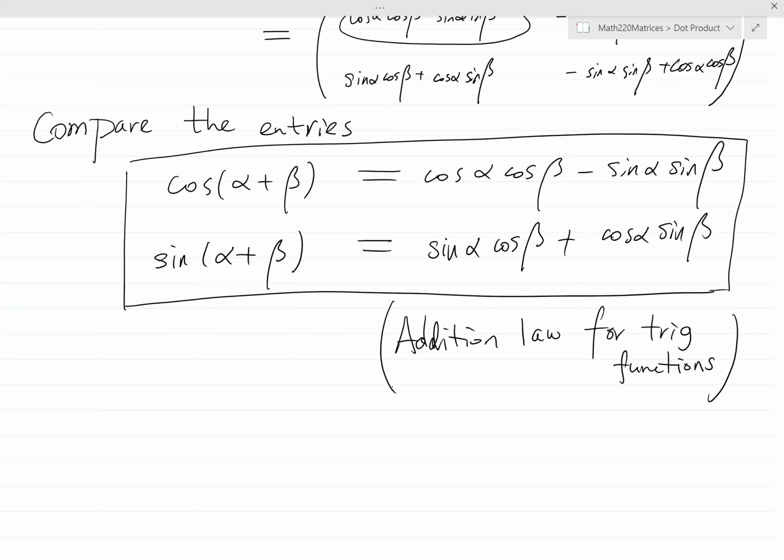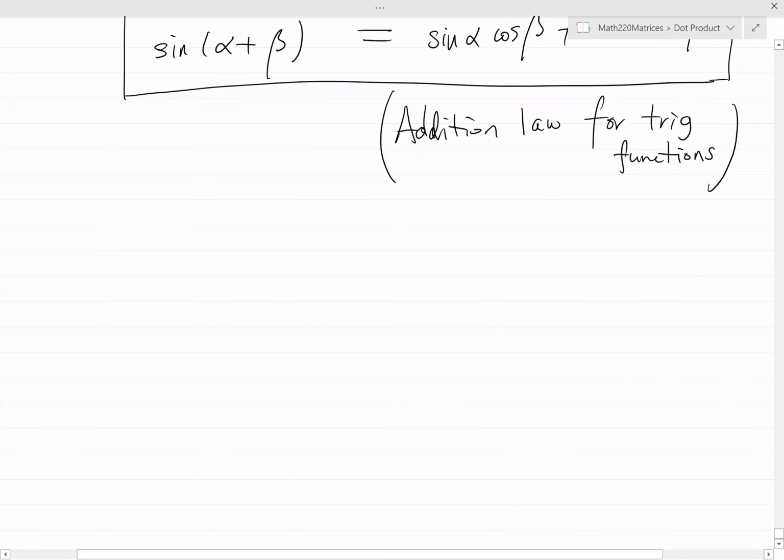Now we go a little further. If we rotate a vector by an angle theta, then we can rotate it backwards. Example: this is the x, this is the y.